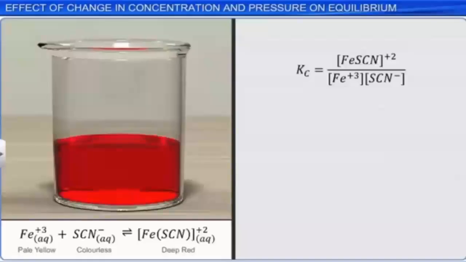The equilibrium constant, Kc, for this reaction can be written as Kc equals the concentration of FeSCN²⁺ divided by the product of concentrations of Fe³⁺ and SCN⁻. You have already learned that at equilibrium, reaction quotient Qc becomes equal to equilibrium constant Kc. Hence, you can write Qc equals Kc at equilibrium.